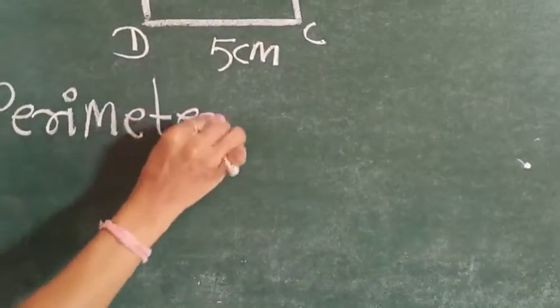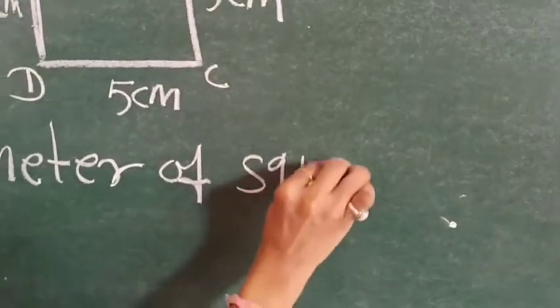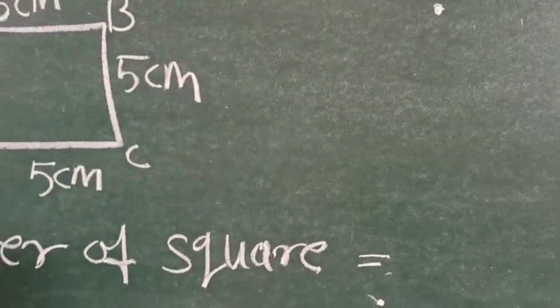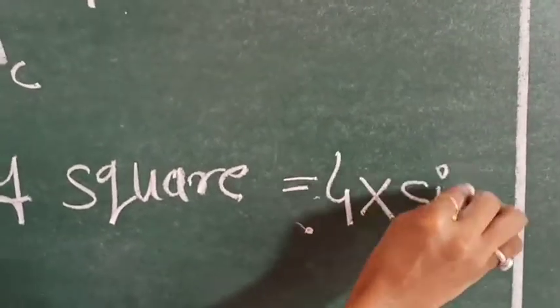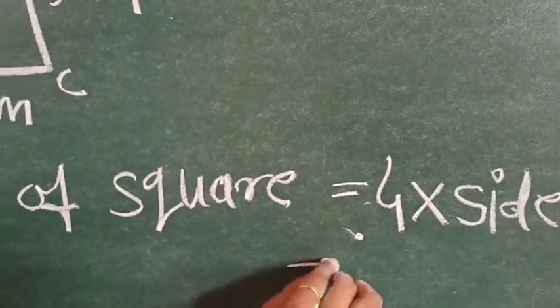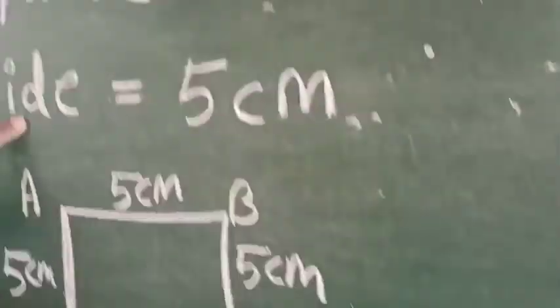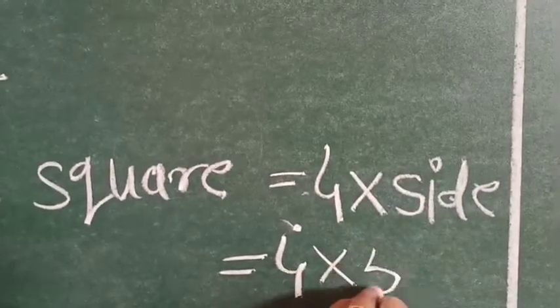Perimeter of square. We all know, what is the formula of the perimeter of a square? 4 into side, right? So first you have to write here 4. What is the side? Side is 5 cm. So you have to write here 5.